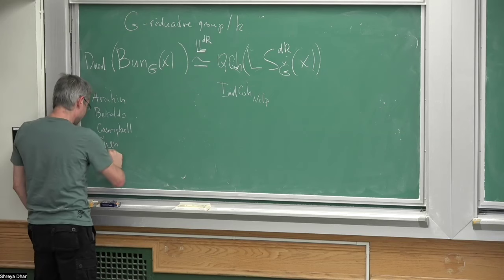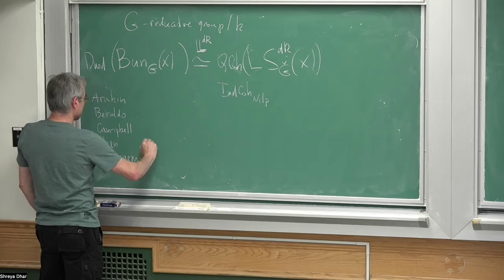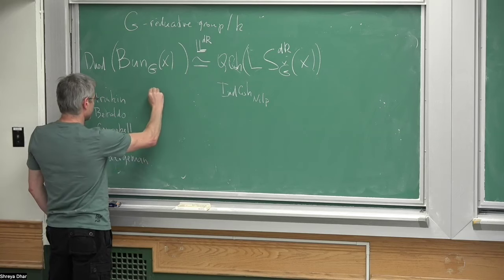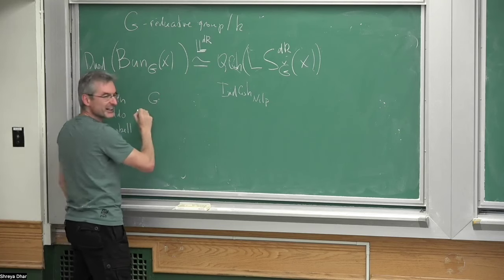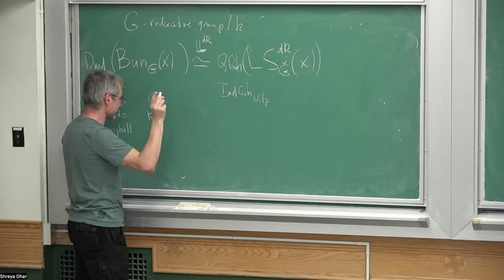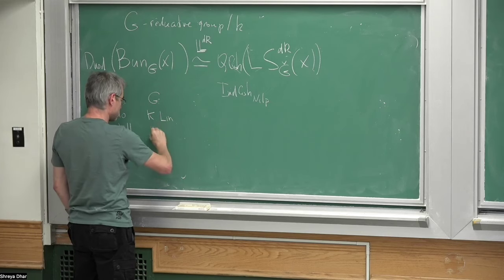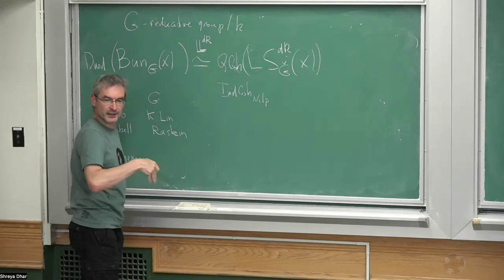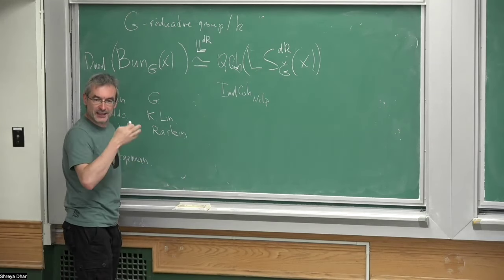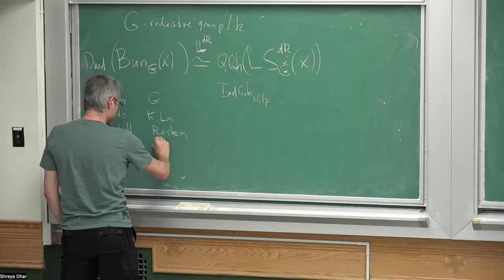Faergeman. Then Kevin, who's in the last row. Sam Raskin, who was here two weeks ago, and he gave quasi the same talk. Will you tell me if it was exactly the same? And Rozenblyum.